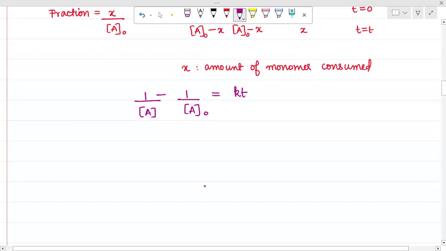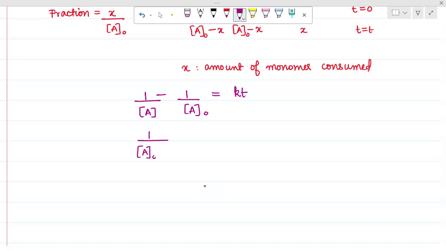Now at any time t, the amount of the monomer left would be A naught minus X, correct? So 1 by A naught minus X minus 1 by A naught is equal to kt. Now we need X by A naught, so let's try to find X first.